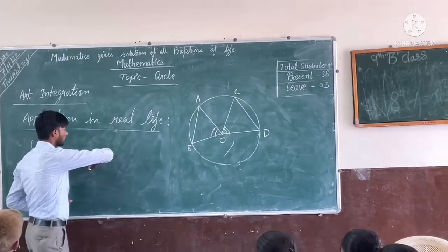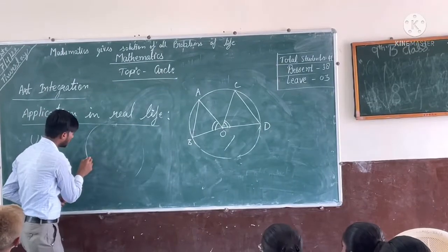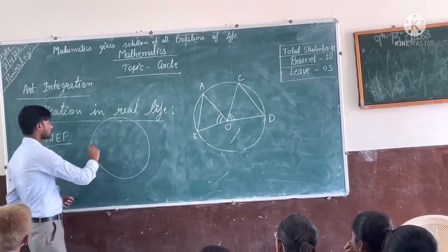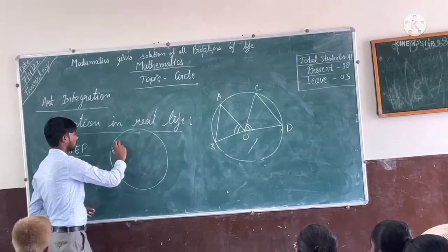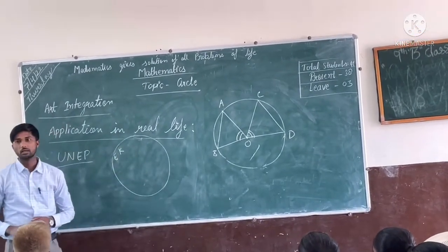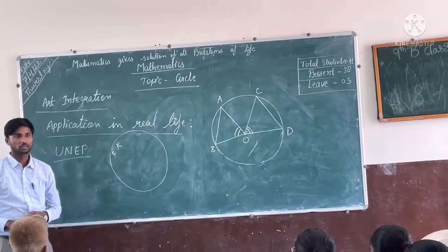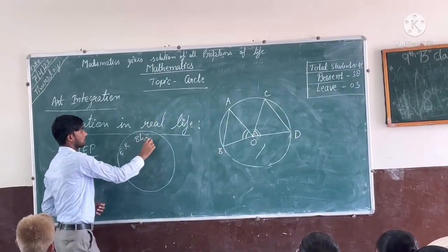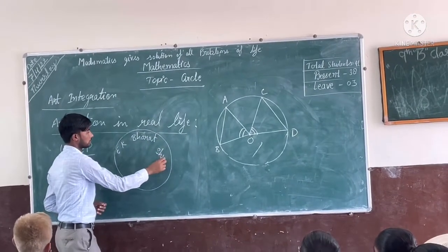Have you observed or not? There will be a circle and inside it some slogans written, like our government's Clean India and Green India project, right? Ek Bharat Shreshtha Bharat, Ek Bharat Shreshtha Bharat.